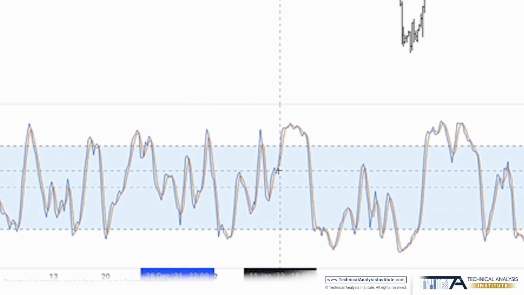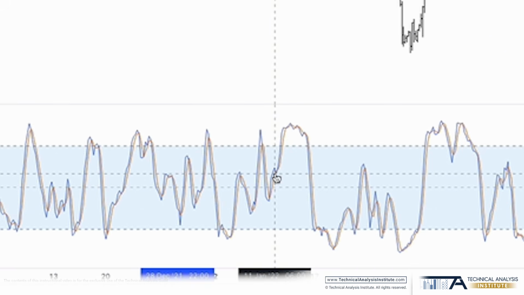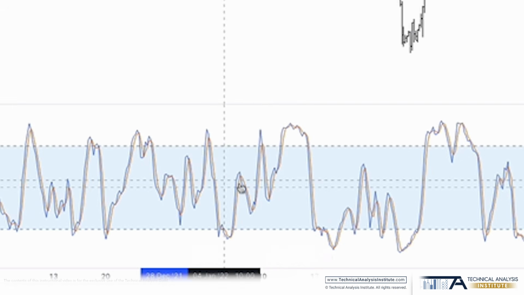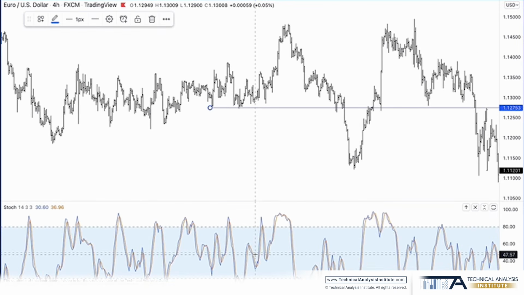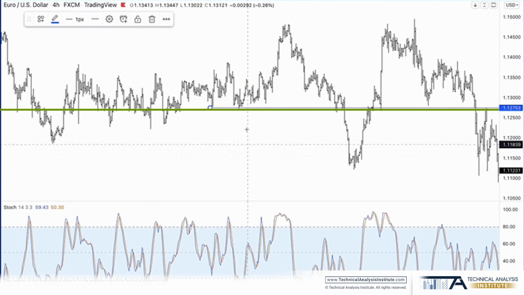Notice that those crosses of the stochastic happen in the middle of the stochastic. It doesn't happen in the overbought or oversold, but it doesn't matter because we're trading in the direction of the trend. How do we know that? Because we're above support. And until that support is penetrated, we will continue taking those signals.